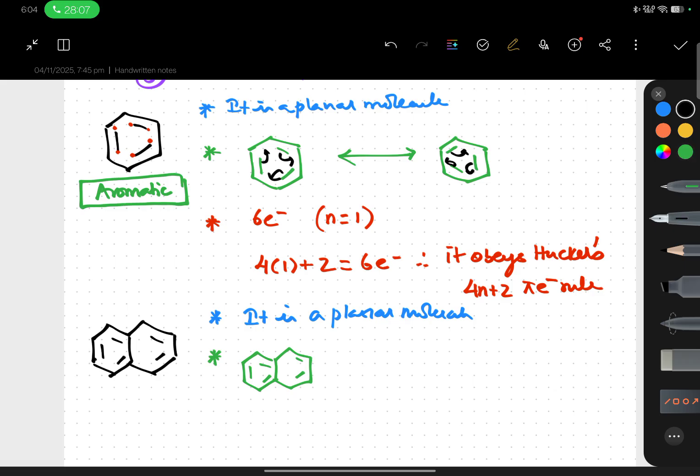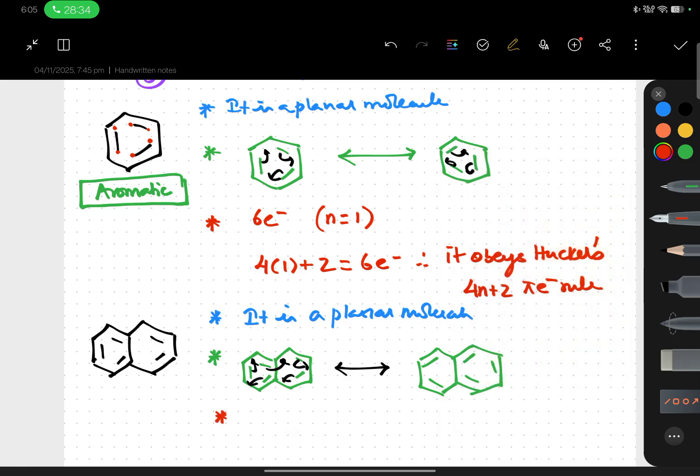So what will happen here? This bond goes here, this bond goes here, this bond moves here. As a result, there is a double bond here, double bond here, double bond, and then there is a double bond. So that is naphthalene.